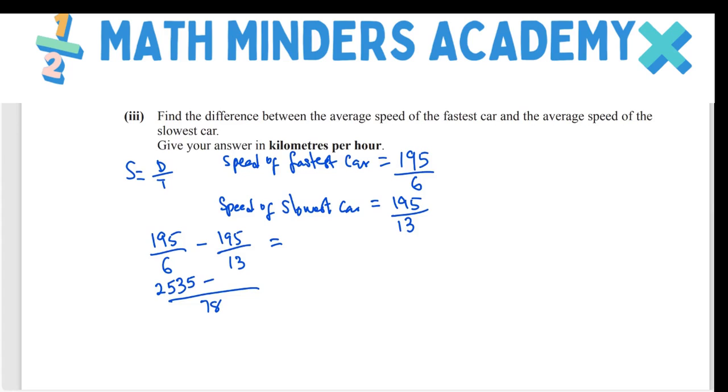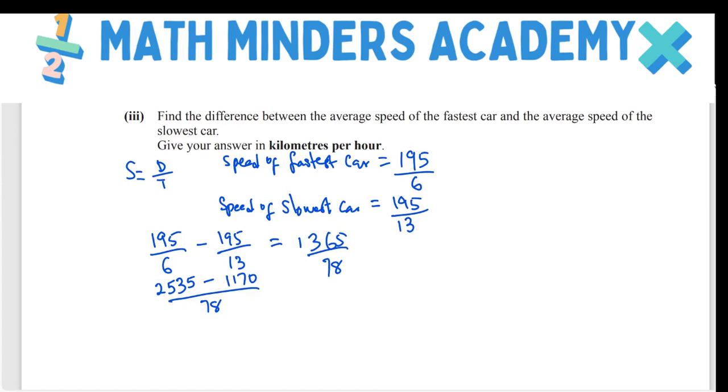If we divide 78 by 13, it gives us 6. 6 times 195 will give us 1,170. Okay, when we do the subtraction here, it gives us 1,365 over 78.